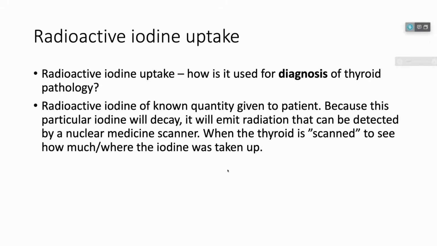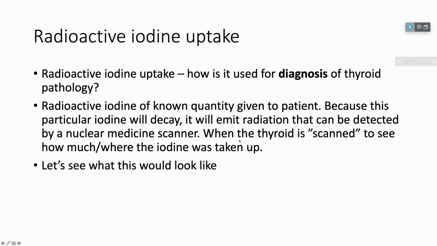They do that by just having a different isotope that they give. And so it goes to the thyroid gland, and if the thyroid gland is making thyroid hormone, it'll take it up. If it's taken up, then it'll decay, and then you can use a nuclear medicine scanner to see how much and where the iodine was taken up.